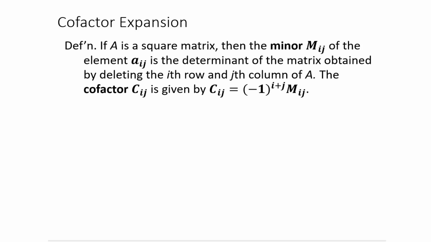We have here the definition for minor and cofactor. If A is a square matrix, then the minor M sub ij of the element A sub ij is the determinant of the matrix obtained by deleting the ith row and jth column of A. And the cofactor C sub ij is given by C sub ij equals -1 raised to the i plus j times the minor M sub ij.